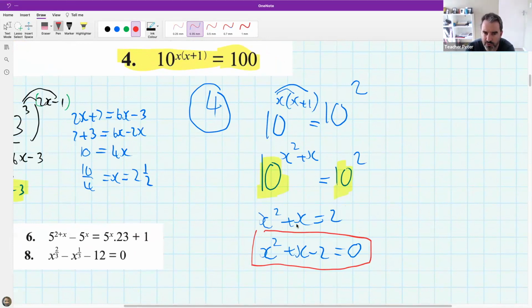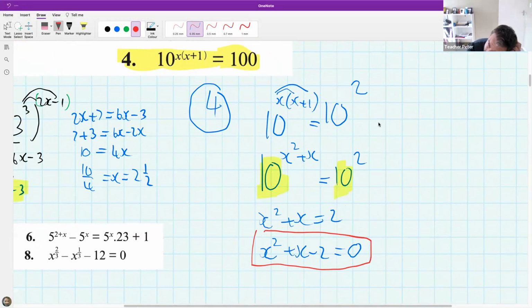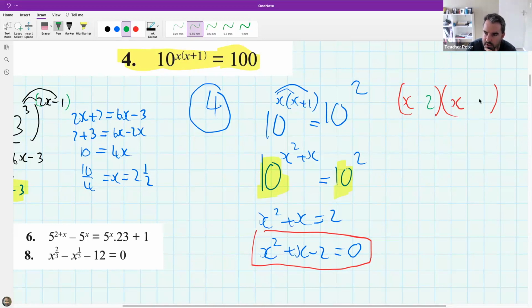And how do we solve trinomials? Well, it depends on what you've learned. You can either use the quadratic formula or you can factorize it in whatever method you like. But we know that we're going to have an x and an x, open two brackets, and then the factors are going to be 2 and 1, and I'm going to have a plus and a minus. So then what are my answers going to be? X is equal to what?